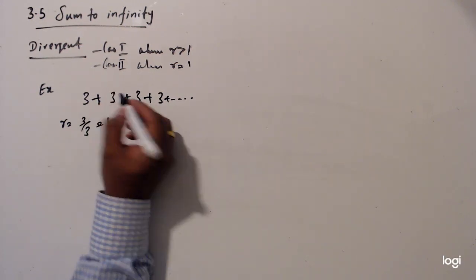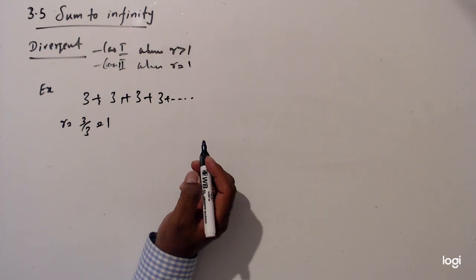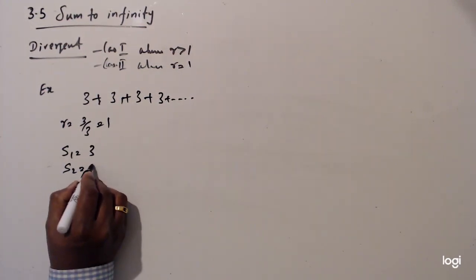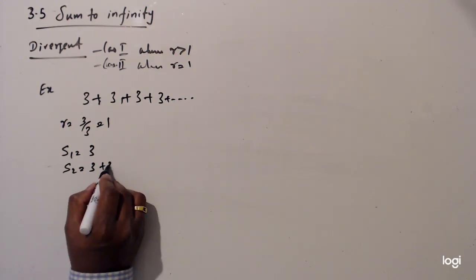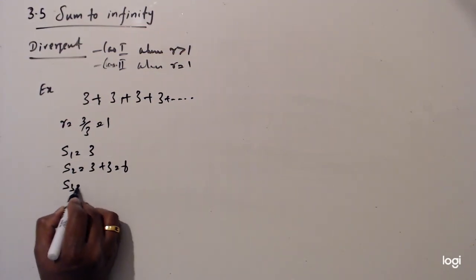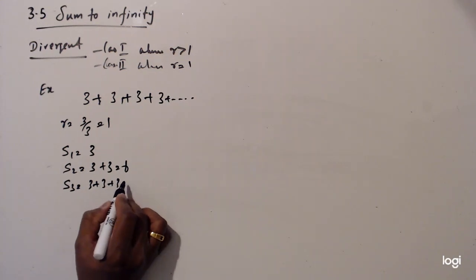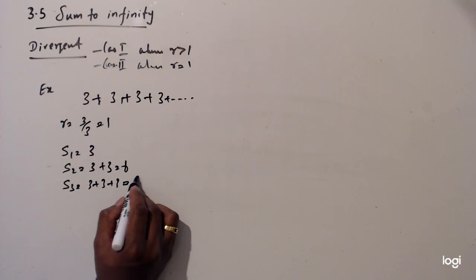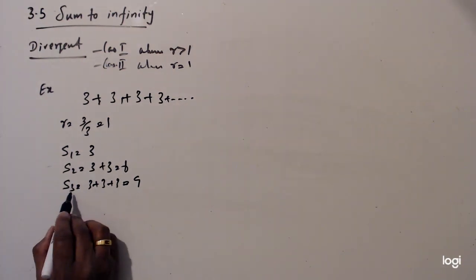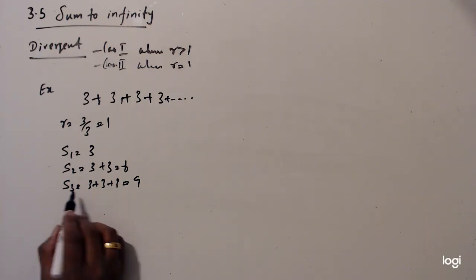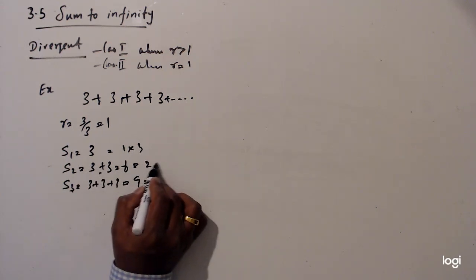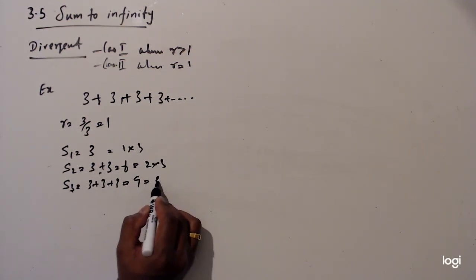So this is a geometric series, and S1 is 3, S2 is 3 plus 3 that is 6, S3 is 3 plus 3 plus 3 that is 9. So basically this is 1 times 3, 2 times 3, 3 times 3.